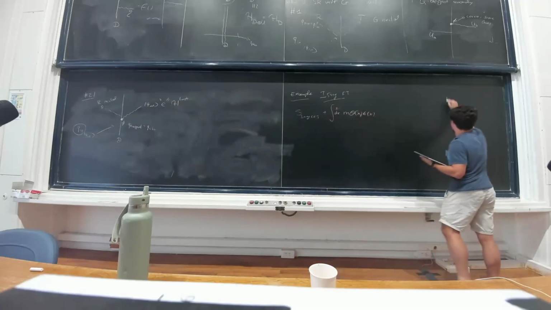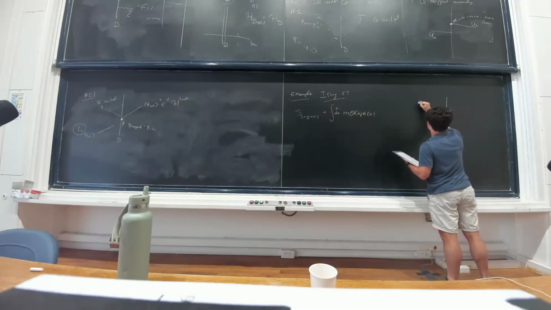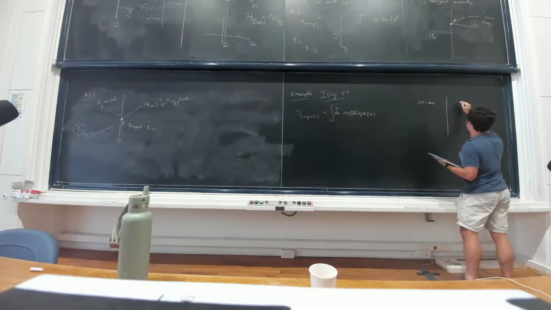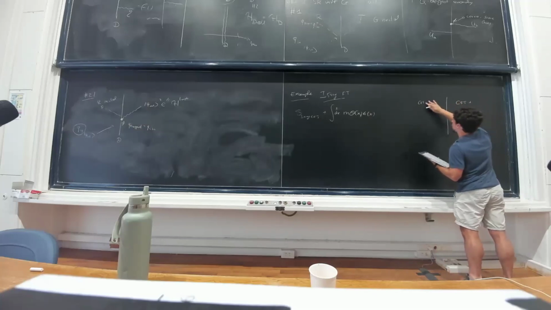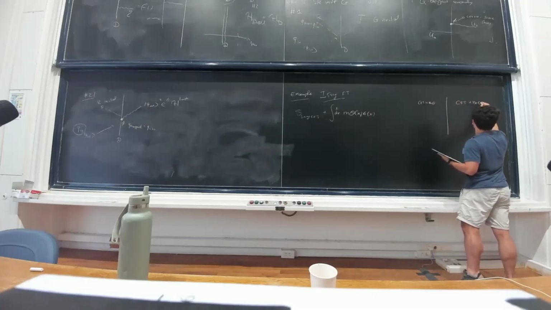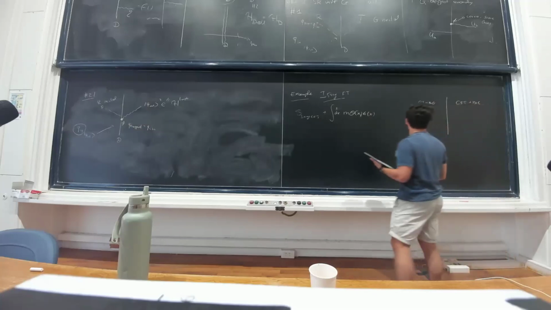So essentially, this is the CFT deformed by minus m epsilon and the CFT deformed by plus m epsilon. Okay, so this will define a defect.